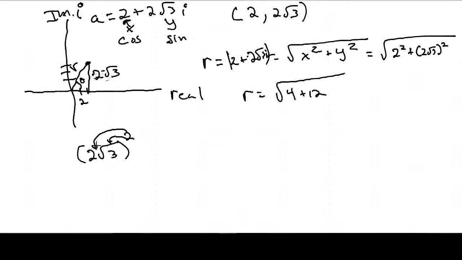So that power of 2 goes to both of those numbers. So this is 2 squared times the square root of 3 squared. Okay. 2 squared is what? 4. And the square root of 3 squared is what?